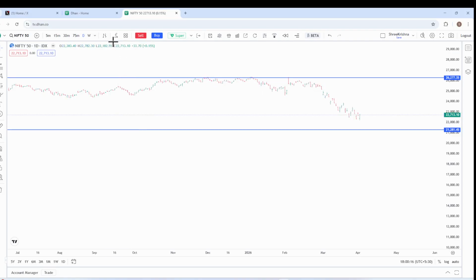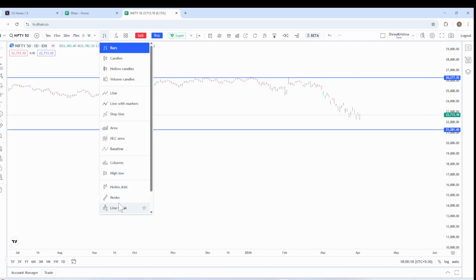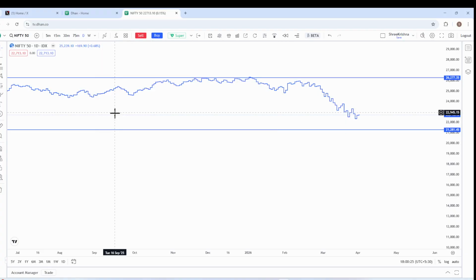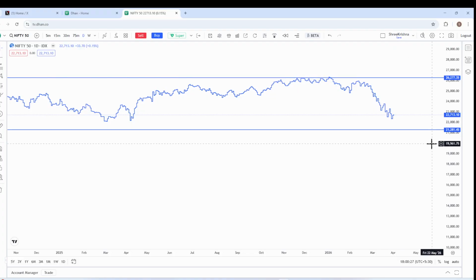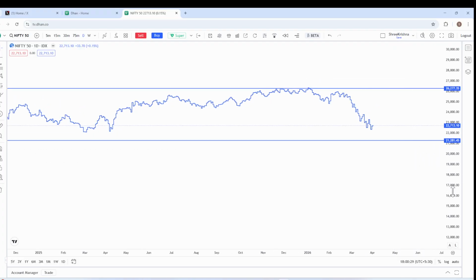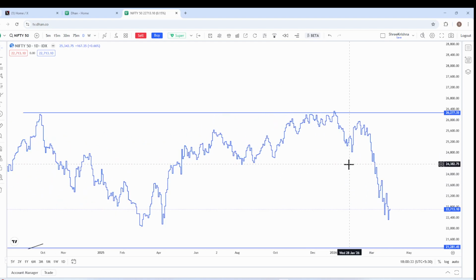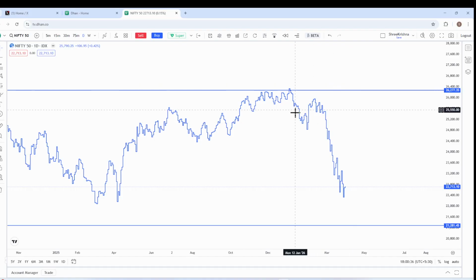You have bars. Okay, the gap is not being filled. Then you can go for step line. The step line is basically a price where only the closing is accounted. Okay. So you can clearly now see.